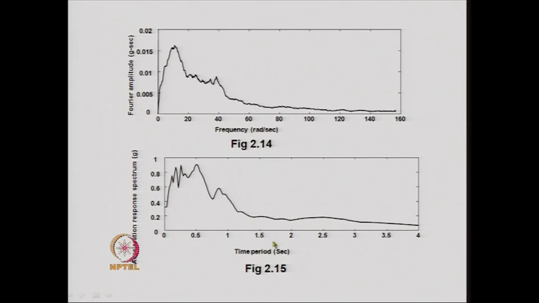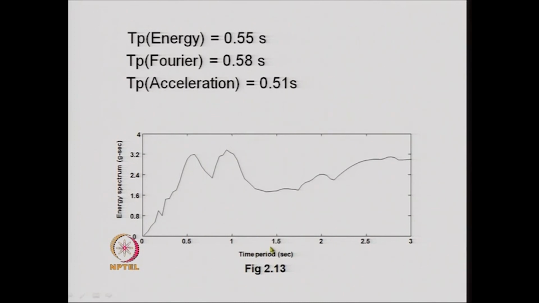Now, if we compare the peaks of the energy spectrum, Fourier spectrum and the acceleration spectrum, and find out where the peaks occur, then we see that the energy spectrum peaks around 0.55 second, the Fourier spectrum peaks around 0.58 second, whereas the acceleration spectrum peaks around 0.51 second.